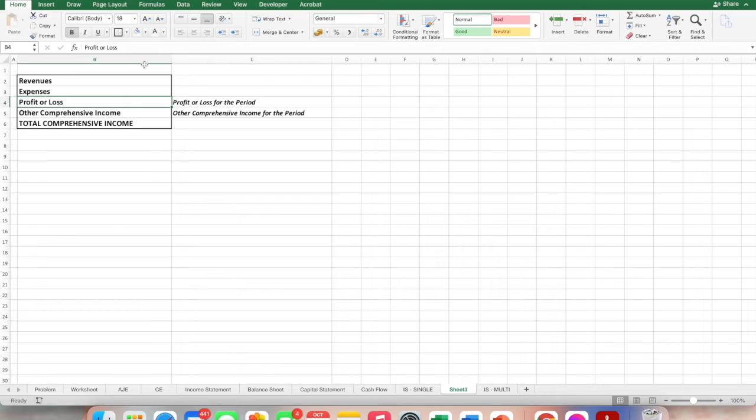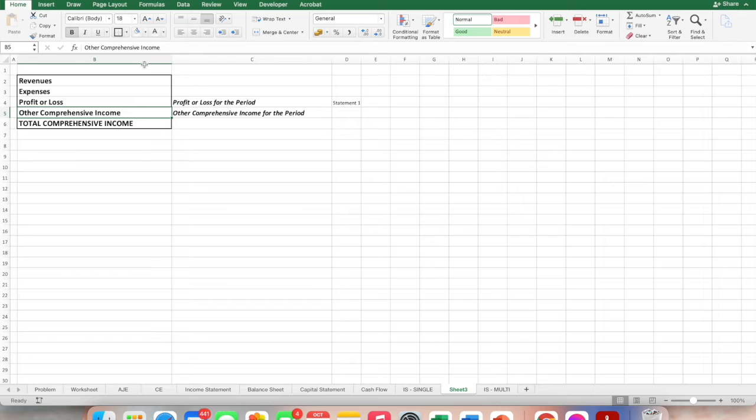Okay, so basically in the ordinary course of business, we earn revenue, we incur the expenses, and we'll arrive dun talaga sa net income natin from our operation. So that is the profit or loss for the period. So ito yung tinutukoy kanina dun sa statement number 1, dun sa IAS 1.